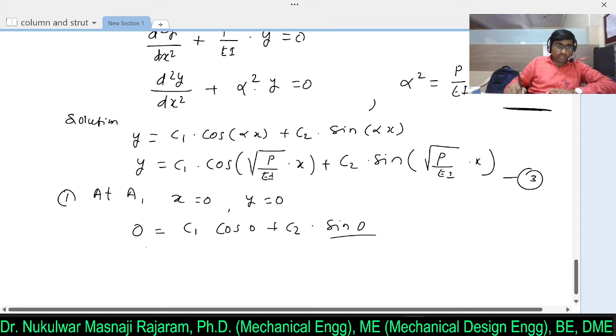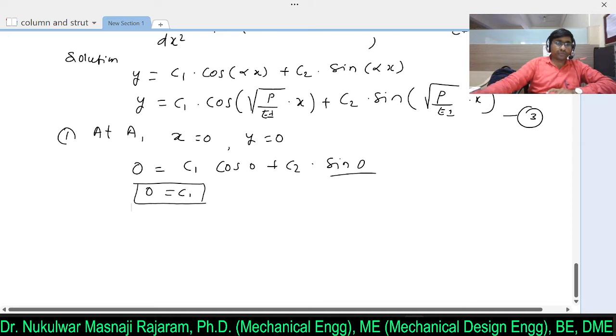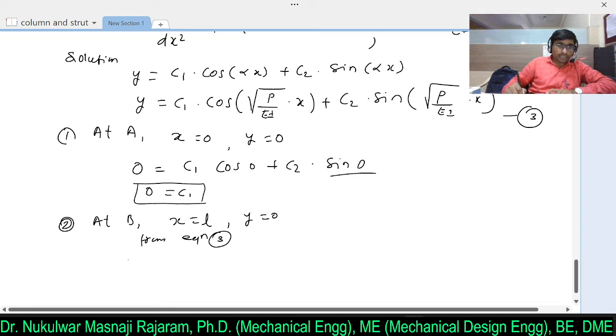And cos 0 is 1, so 0 equal to c1, so the value of c1 will become 0. Now I will put the second condition, that is at B. So at B x will be L, y will be 0 and c1 value will be 0. So from equation 3 I can rewrite y will be 0, and as c1 is 0, this entire expression will become 0.